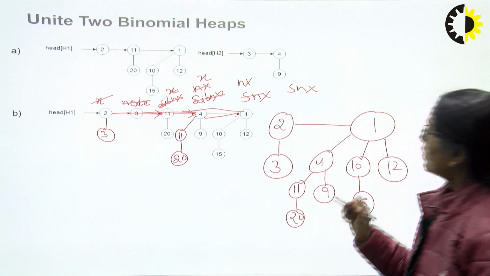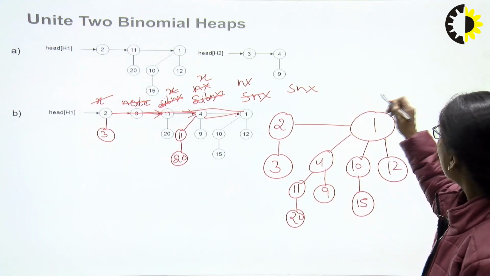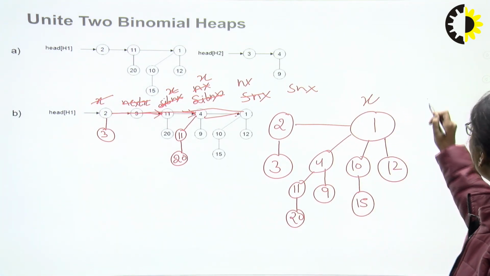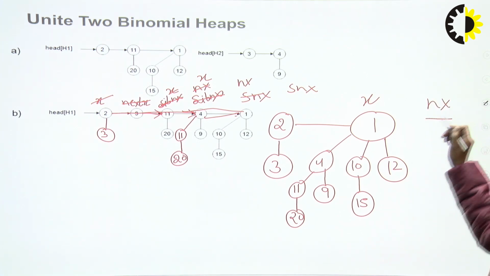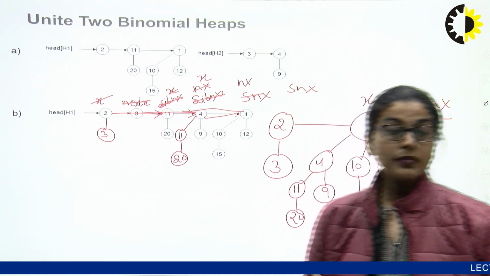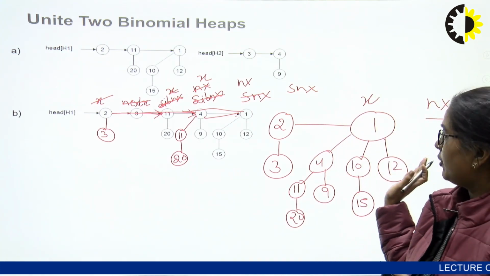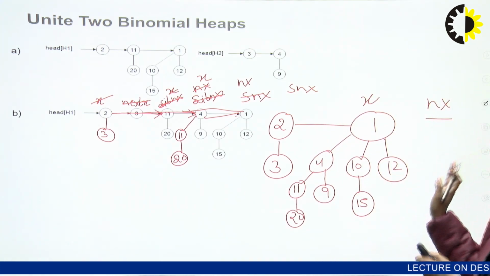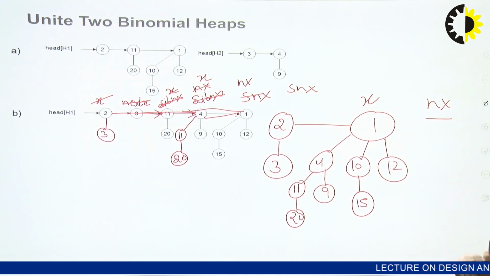Now x is here and next of x is null. When next of x has a null value, the algorithm stops.